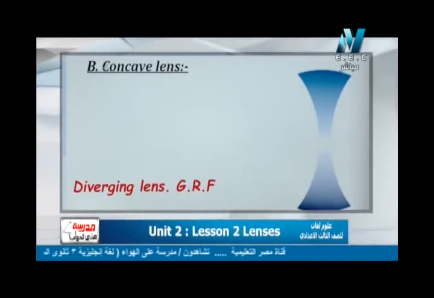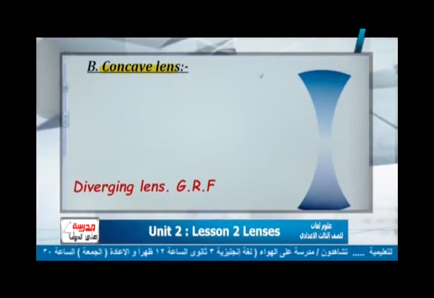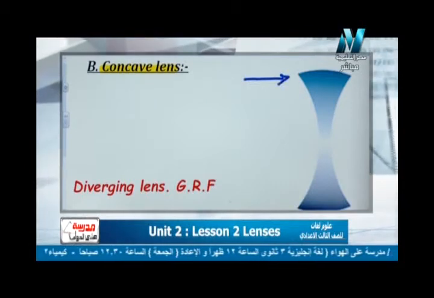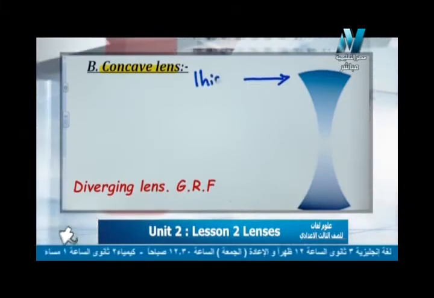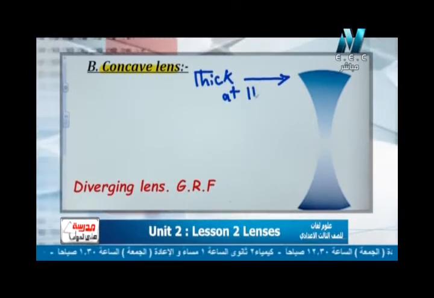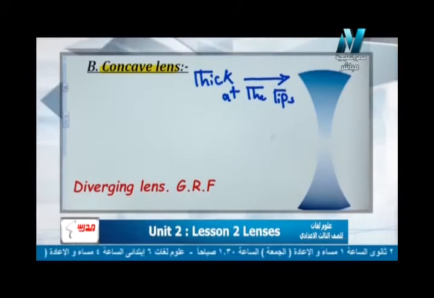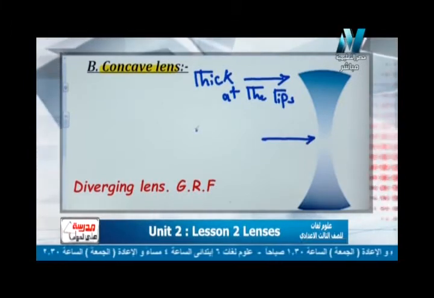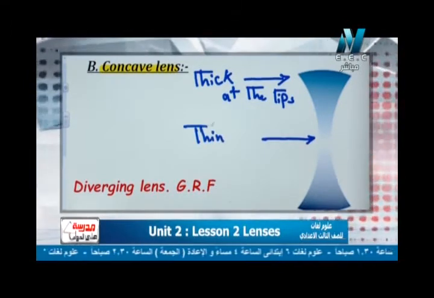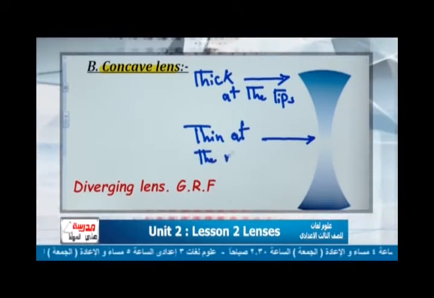So we have here concave lens. As you see here on the monitor, we have concave lens. These lenses are thick at the tips, the opposite. Thick at the tips and thin at the middle.